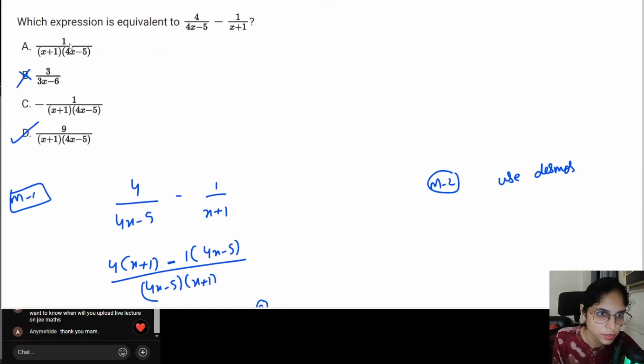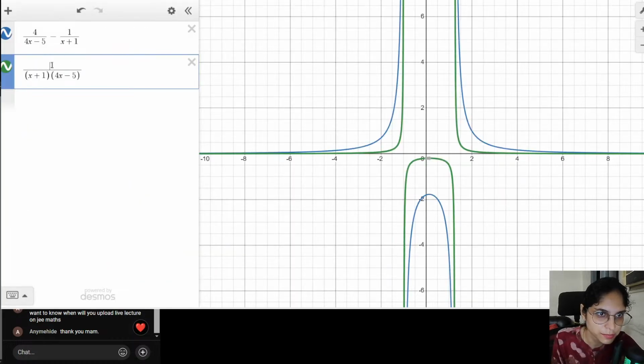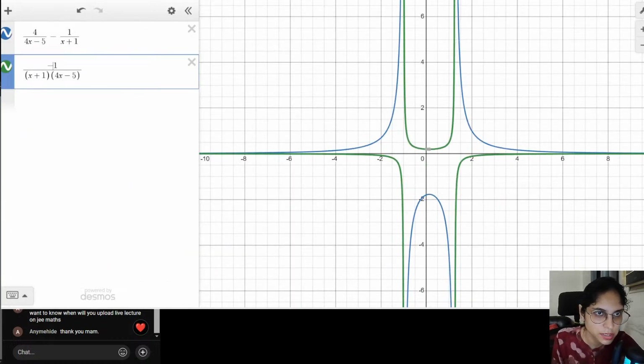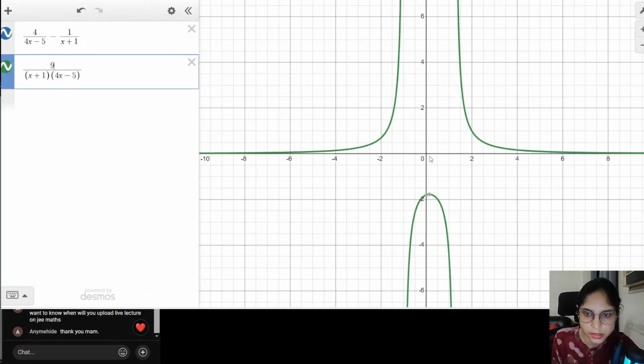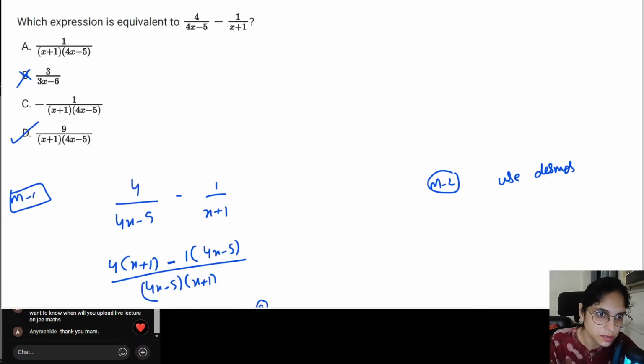Now you just have to change the numbers. Negative 1. It's different. You put 9. It's the same. You don't see two different graphs, so this is the answer. Okay? So you can also use Desmos or you can also solve it. Whichever method you like. I have shown you both of them.